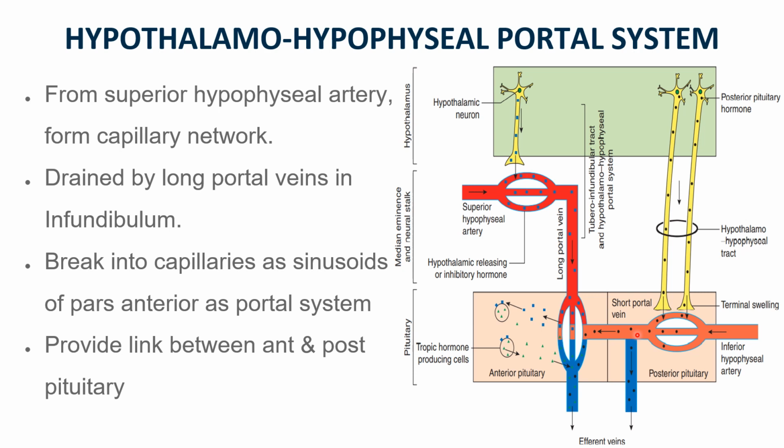The short portal vein arises from this capillary network and supplies blood mainly to the posterior pituitary and some parts of the anterior pituitary. The short portal vessels provide the link between the anterior and the posterior pituitary. Here it is. And this is the vein.